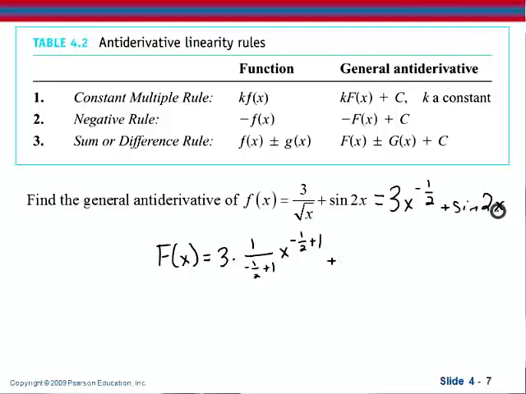Now when we did the antiderivative of sine, we did -1 over 2 cosine 2x, and then we'll need to add a constant to that.